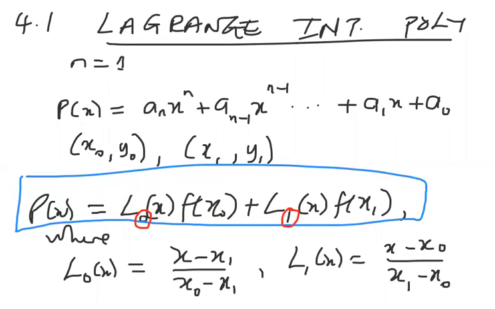If I was looking at the interpolating polynomial of degree 2, then I'm also going to get L something 2 here, right? If I've been given 3 points, that's what I mean. Is that okay? Yeah, that's fine.